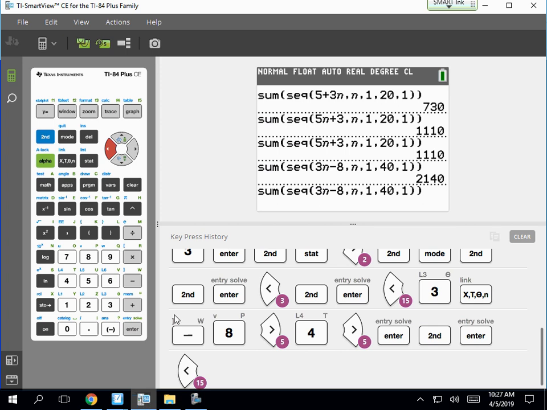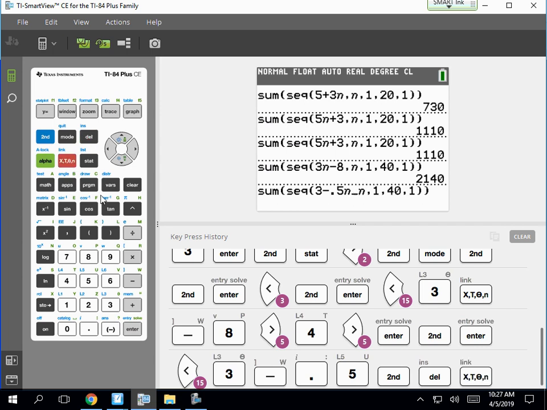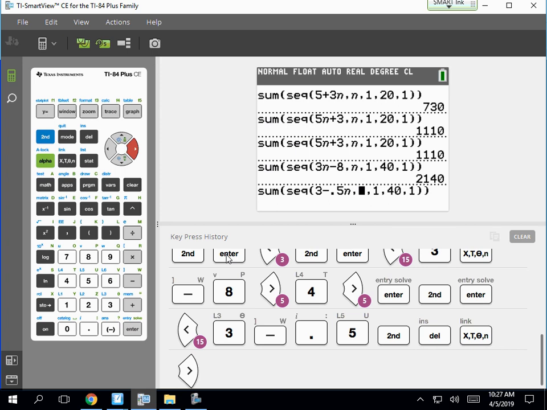So how about if I type in 3 minus 0.5. If you want to insert something in, hit second and the delete key, and it will allow you to enter in a variable. So that would be 3 minus 1/2 n or 3 minus 0.5 n.